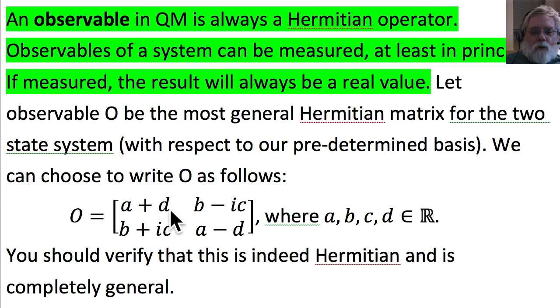This 1,1 element has to be real. It can't be complex. We're going to choose to write that as the sum of two real numbers, A plus D. Element 2,2 also has to be real. We're going to choose to write that as the difference of those two, A minus D. We'll see why in a moment.